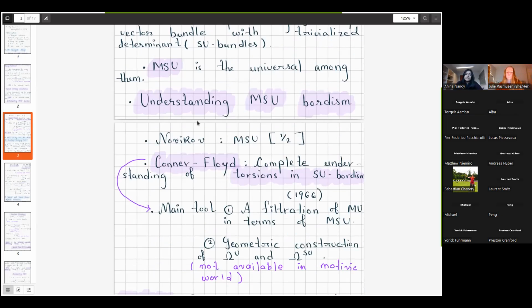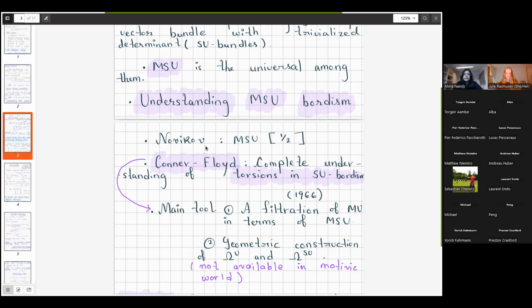back starting from the 1950s until somewhere in the 80s, the understanding of MU, or complex bordism, changed stable homotopy theory. But it turned out that all the tools which were used to study MU bordism were not very helpful to study MSU bordism.